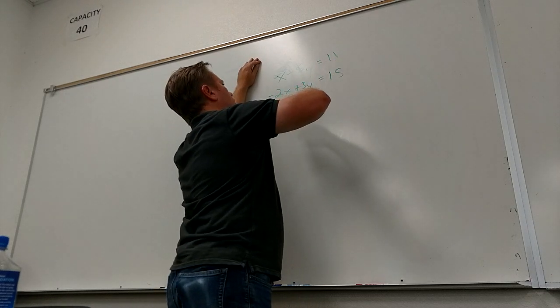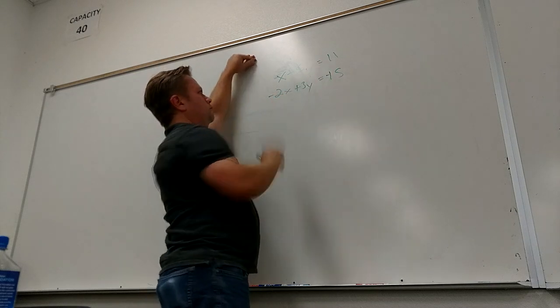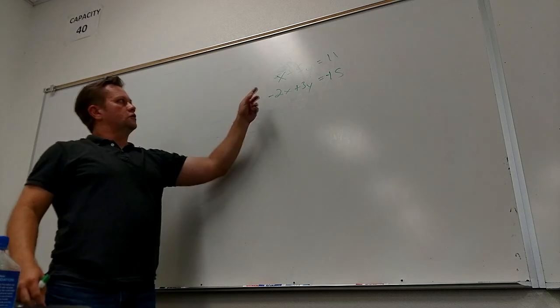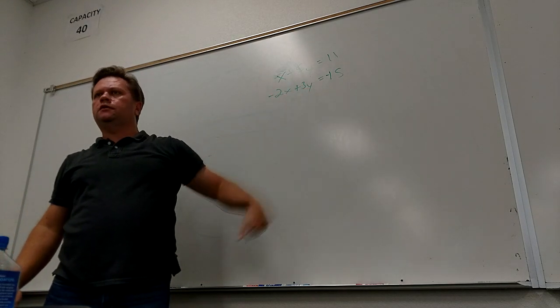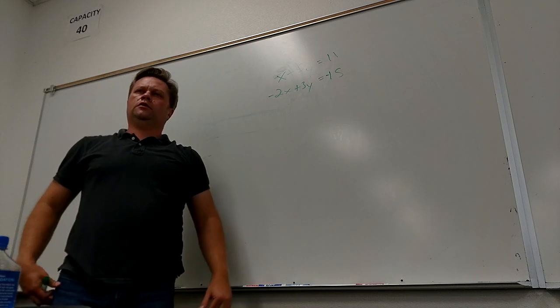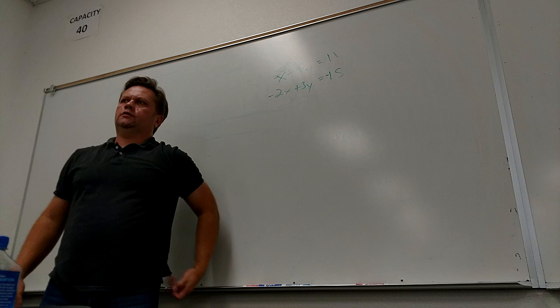There you go. So x minus 5y equals 11, negative 2x plus 3y equals negative 15. Solve that using a matrix. You must use a matrix.